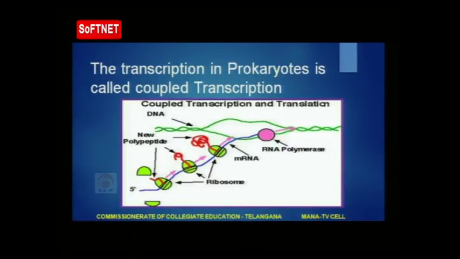After the modifications, that mRNA enters the cytoplasm, and in the cytoplasm the protein synthesis occurs. That happens only in eukaryotes, but in prokaryotes transcription and translation occur simultaneously. That's why it is called coupled transcription.